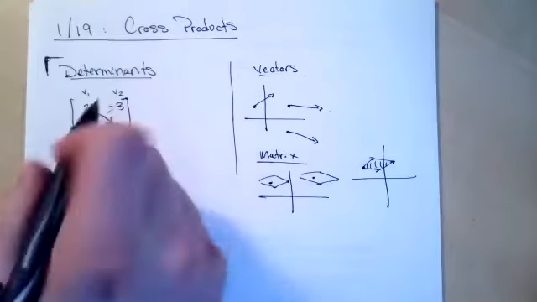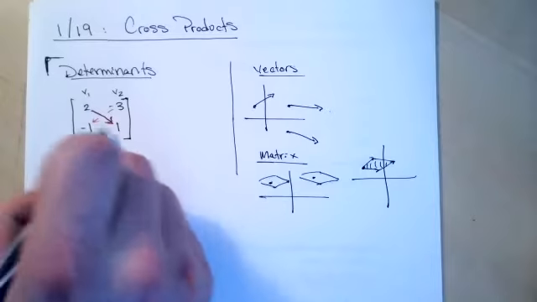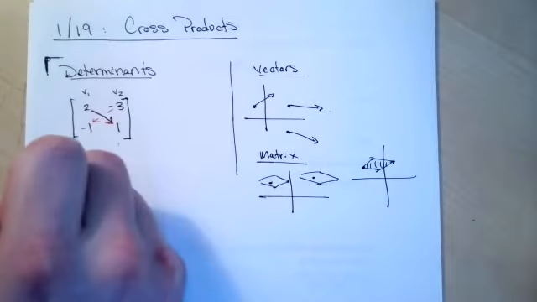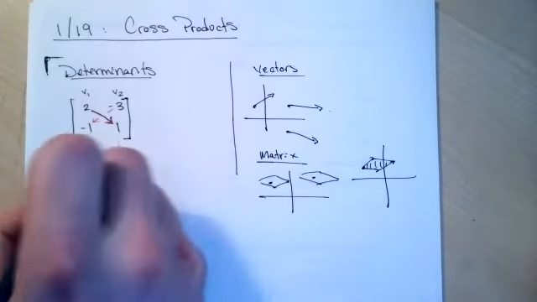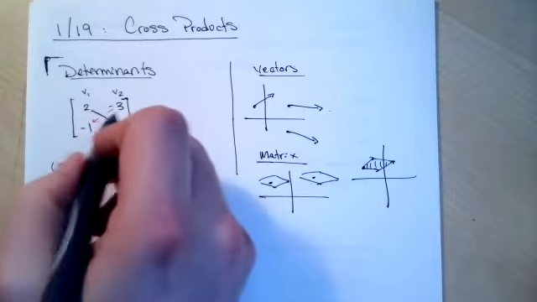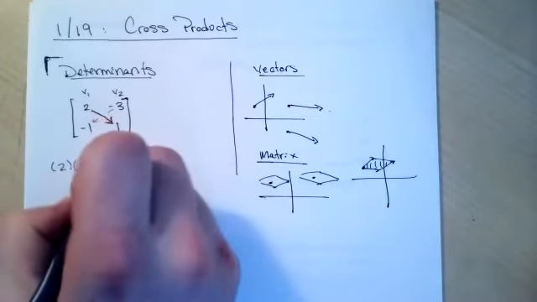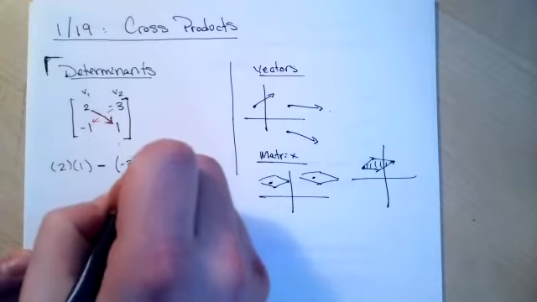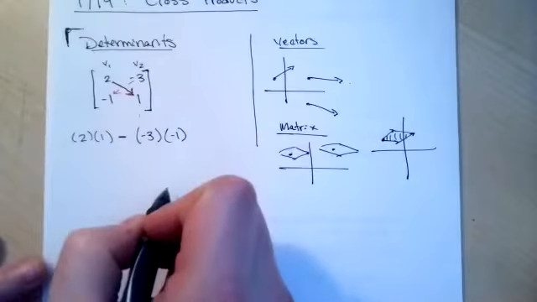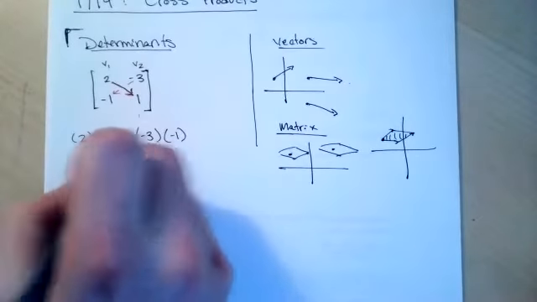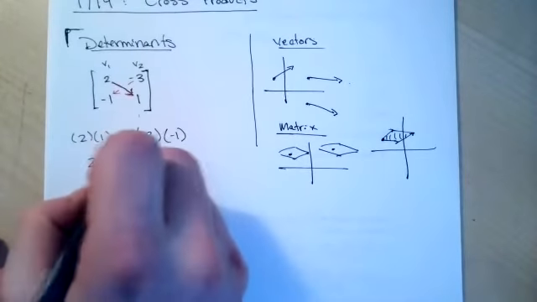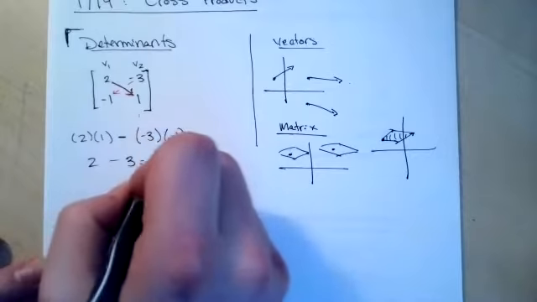So our main diagonal, we're going to do 2 times 1. And then we're going to subtract off the anti-diagonal. So it's going to be minus -3 times -1. So we'll have 3 minuses, so it'll be -3, and that'll give us a -1.